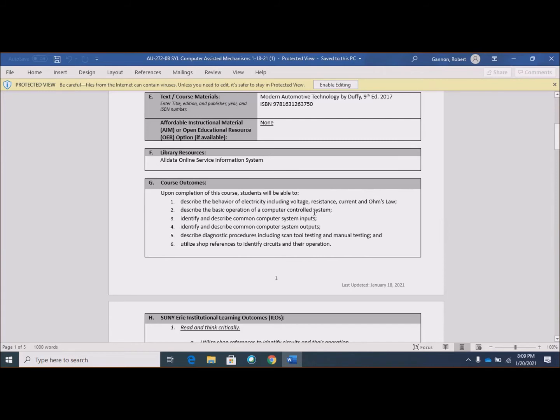So number 2, describe the basic operation of a computer-controlled system. And we will, but just really briefly, any computer-controlled system has 3 major components. It has inputs, and so if you're sitting in front of a computer or a laptop, the major ones are the keyboard and mouse.